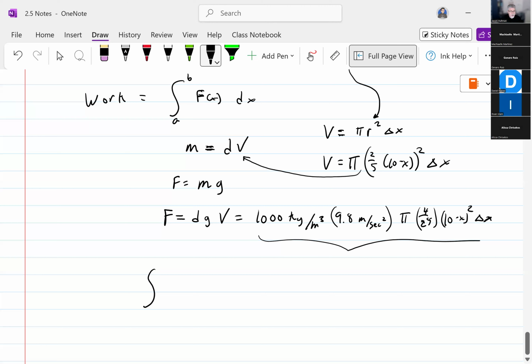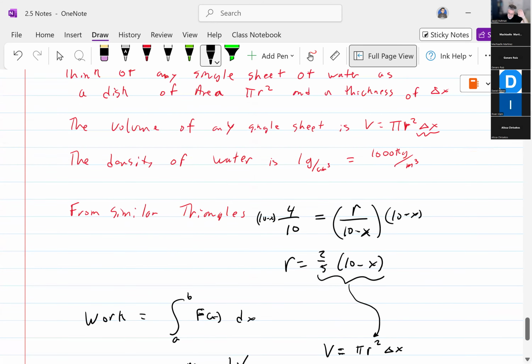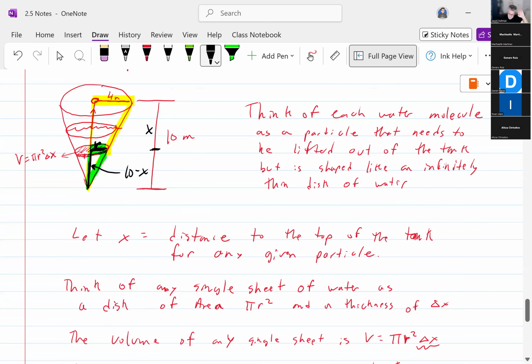Okay, what are we integrating over? Well, it's the distance that we have to start with and the distance that we're stopping at. So what's the distance that we're starting at when we have the tank at 8 meters? When the tank is full at 8 meters, the distance that we have to travel is 2 meters.